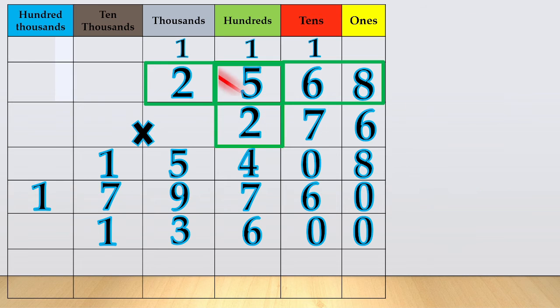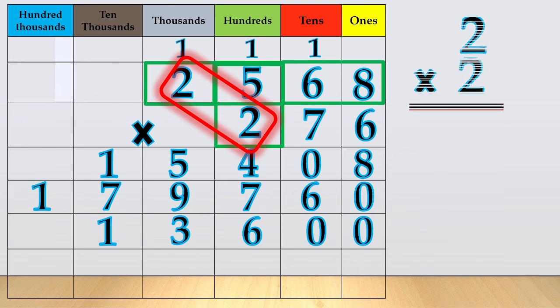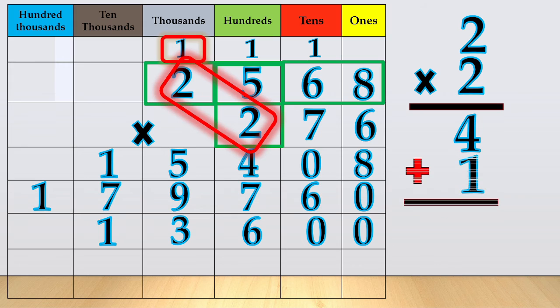Now, multiply 2 times 2. 2 times 2 is equal to 4. Add the 1 that we have carried over. So, 4 plus 1 is equal to 5.